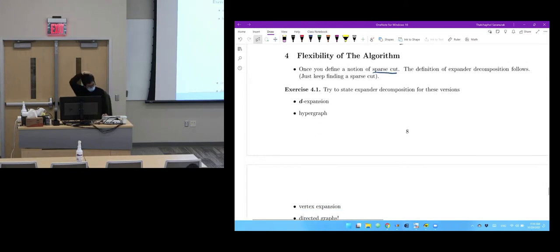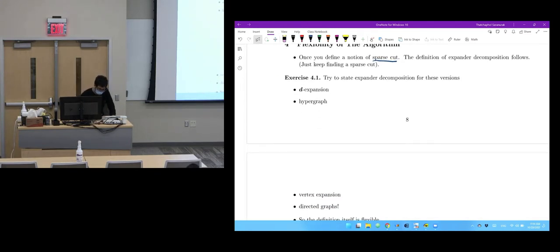And so let's try to define this. I will give you maybe 3-5 minutes to think about it. What we are given is a graph G and this demand vector, and also a parameter phi.